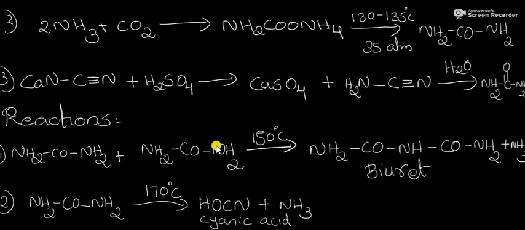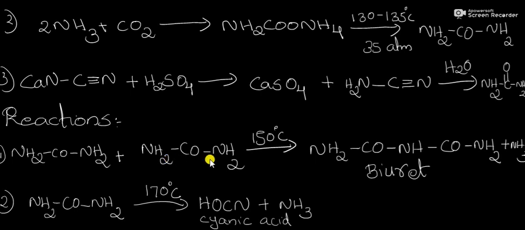First one is action of heat. What happens when it is heated at high temperature? When urea is heated to its melting point, 132 degrees Celsius, urea melts.